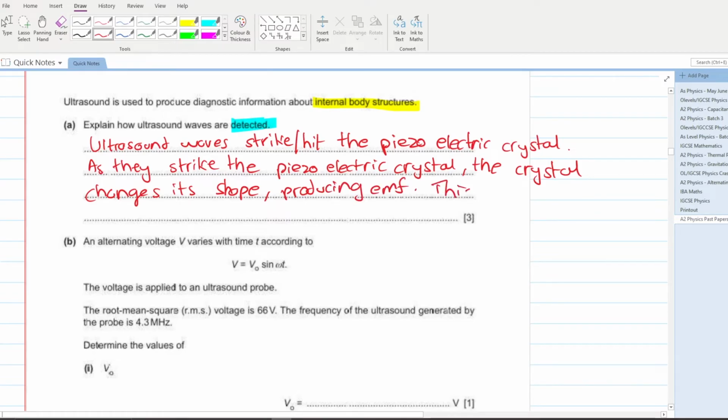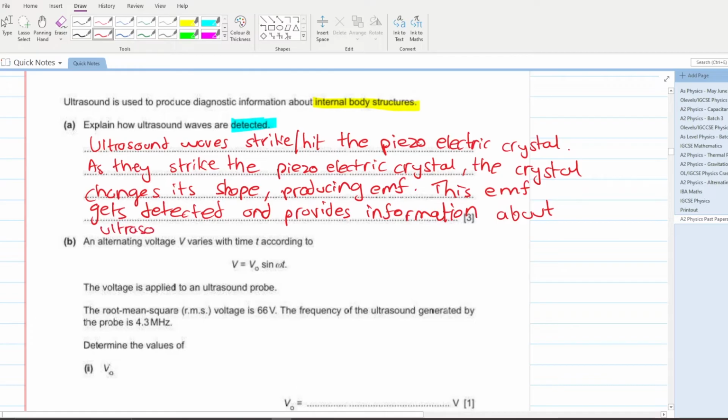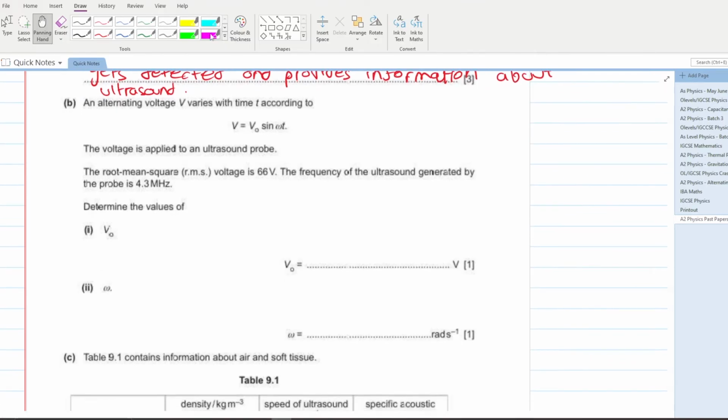This EMF gets detected and provides us information about the ultrasound. Simple as that.